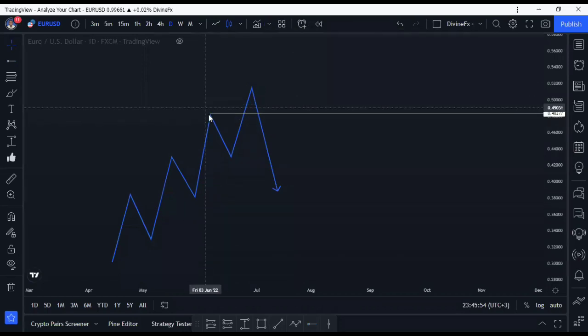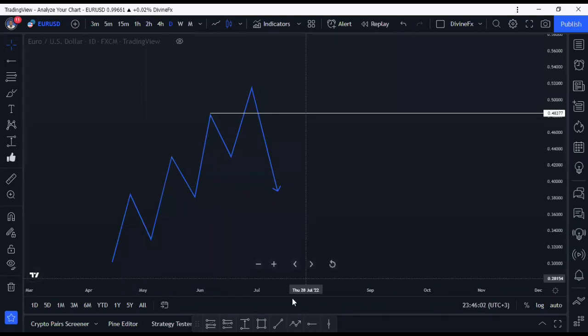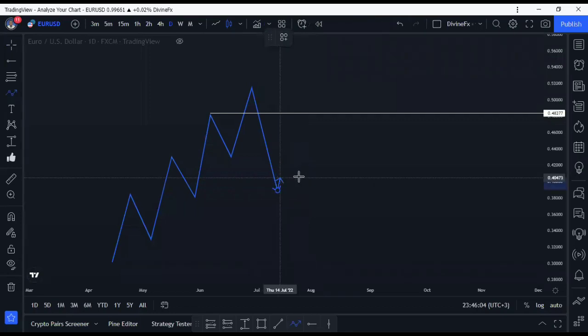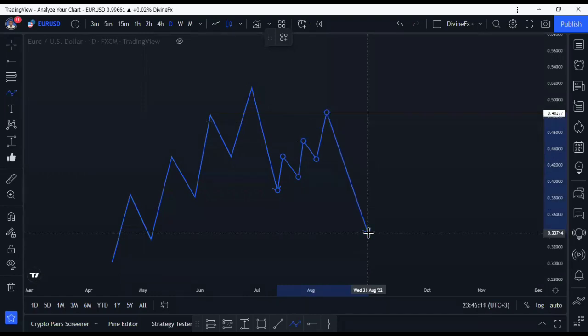At this point is where the market is most likely to reverse, or this corrective move is most likely to end, then you continue with the downtrend.